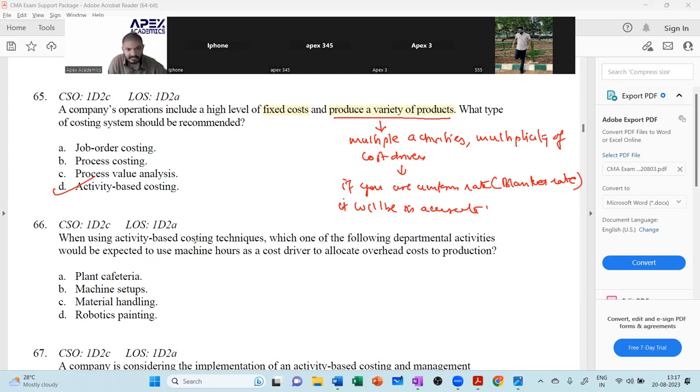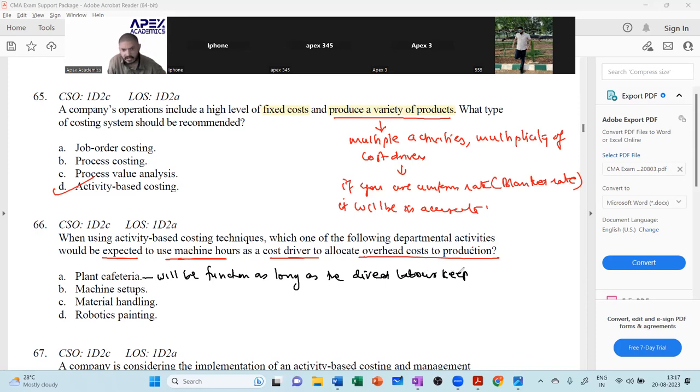Next, when using the activity-based costing technique, which one of the following department activities would be expected to use machine hours as a cost driver to allocate overhead cost? Plant cafeteria. It's a cafeteria in the plant. It will be functional as long as the direct labor keeps working.